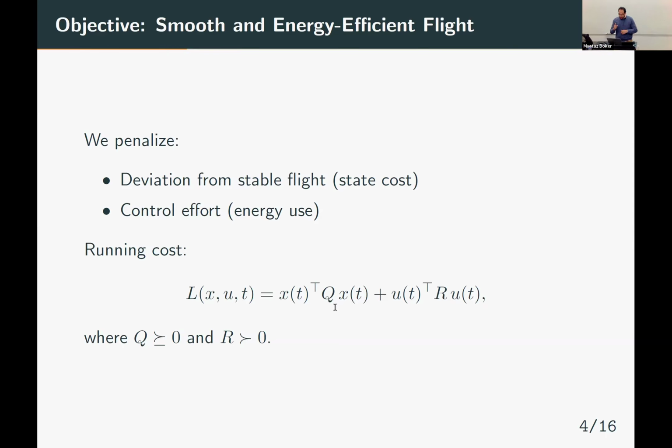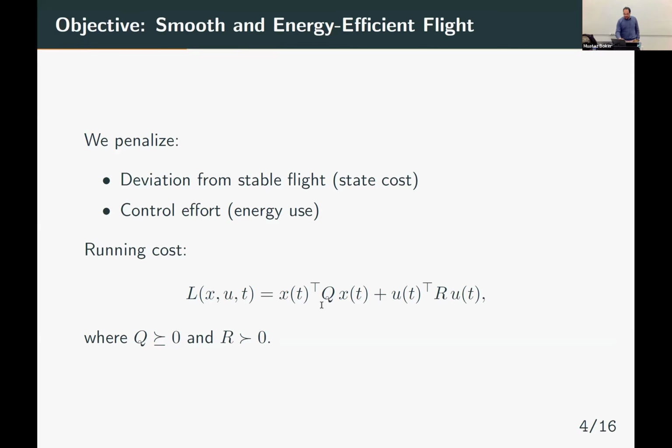So this is the choice that will satisfy these two penalties, which are requirements for the problem. We want smooth X with a stable flight, and we want minimum energy. This term will satisfy the minimum energy requirement. This term will satisfy the stable, smooth trajectory of X.